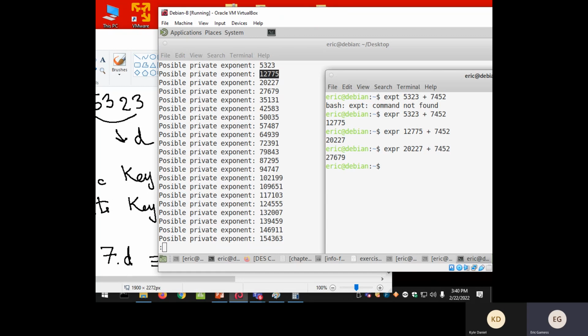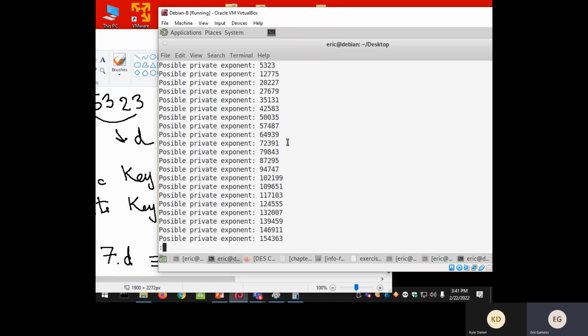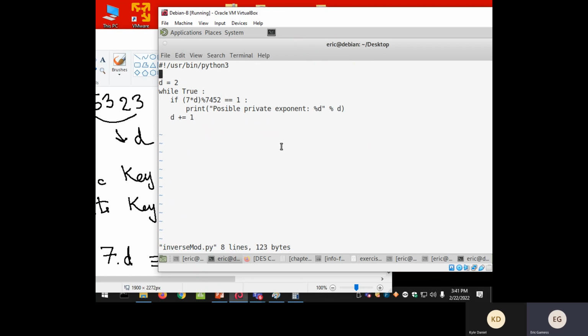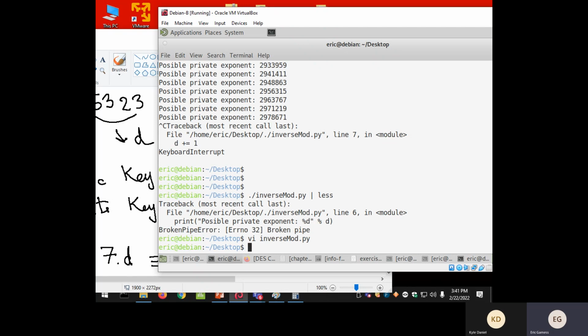20,227, then 27,629. We could have just done a Python program so that as soon as I find the smaller one, I finish. So here, if I want to do that, I can put a break. We are done. We found it. Do it, and I finish.